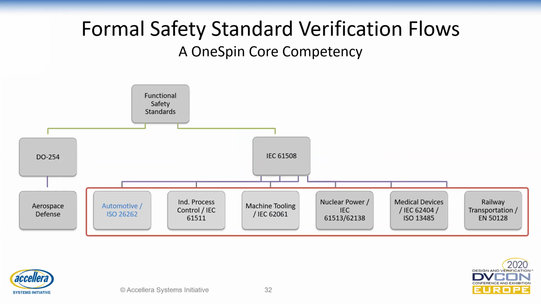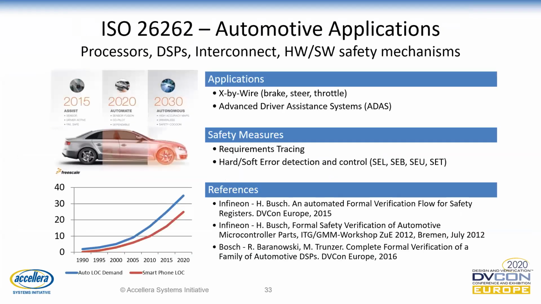It also touches on the other side of the standard, IEC 61508, and I will focus on the automotive side here. In automotive ISO 26262, we have processors, DSPs, hardware safety mechanisms, and many applications that require safety measures, including requirement tracing and hard and soft error detection and control.